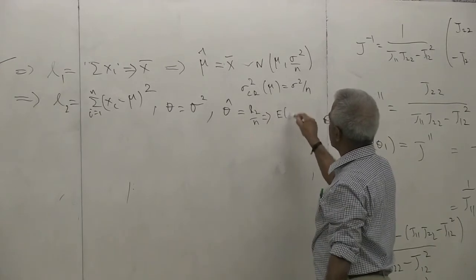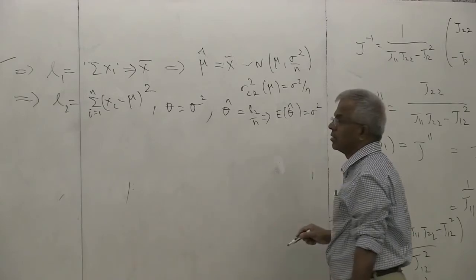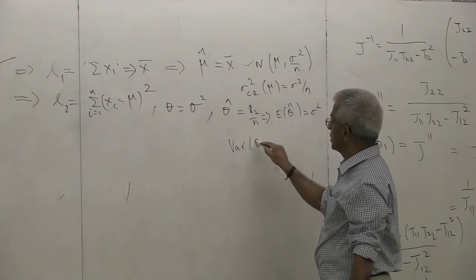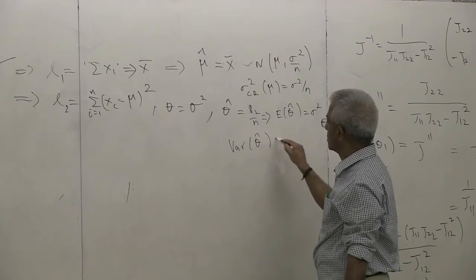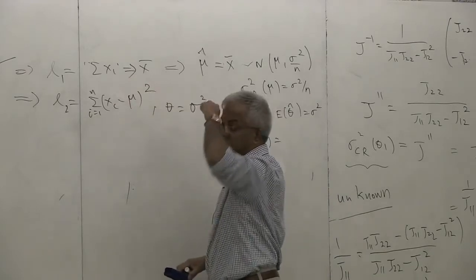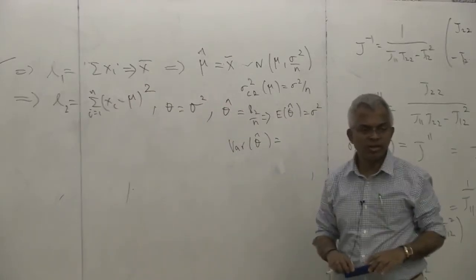So the expected value of theta hat will be sigma squared, right? And the variance of theta hat is how much? Remember, each of these, if you divide by sigma, is chi-squared with 1 degree of freedom.